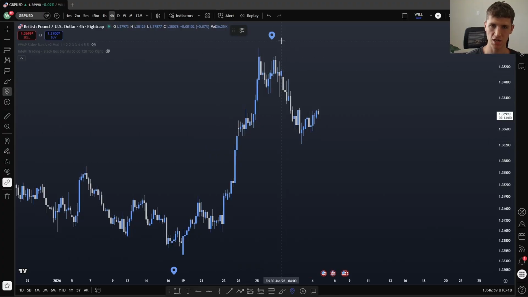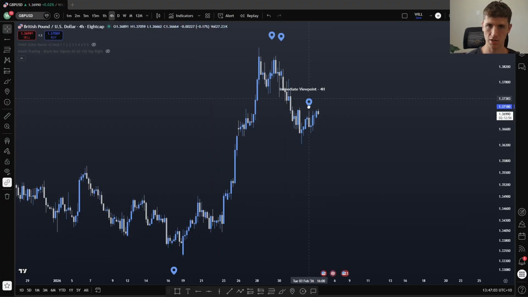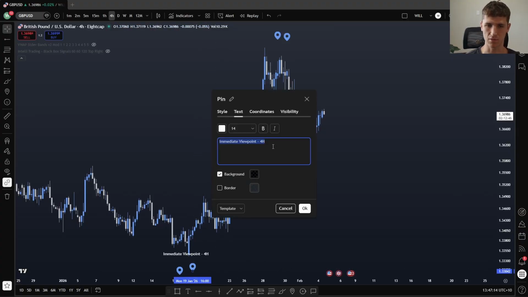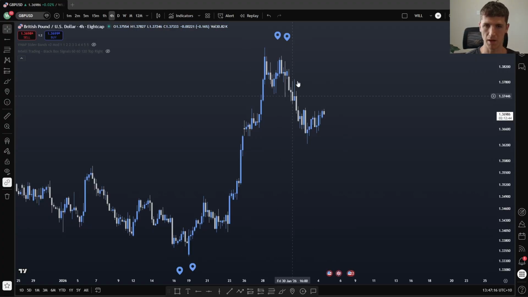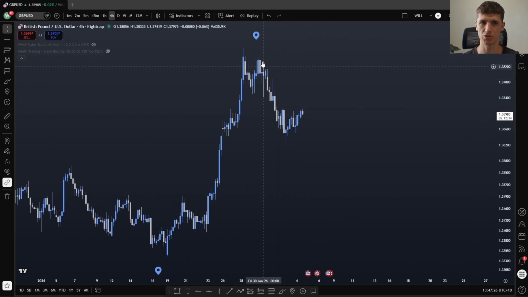If you're starting out, you can just put 4 hour there. I use these little dots because it's easier. You don't have writing across your screen, but you can hover over it and see, and to write that text, you just double click and write it in there. But I don't really want extra stuff on my chart, so I'm just going to leave it as the daily being the same as the 4 hour. You can mark that out, but I know that this is most likely going to be an hourly immediate viewpoint.